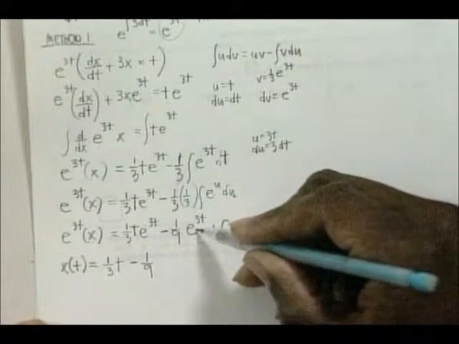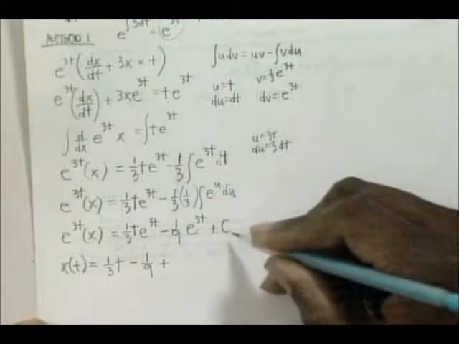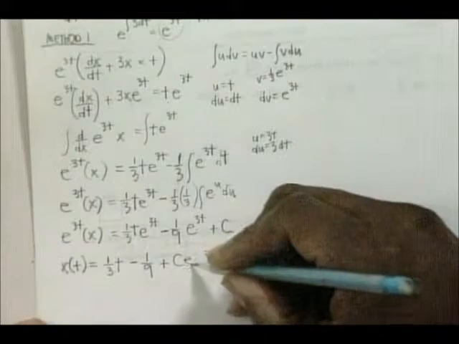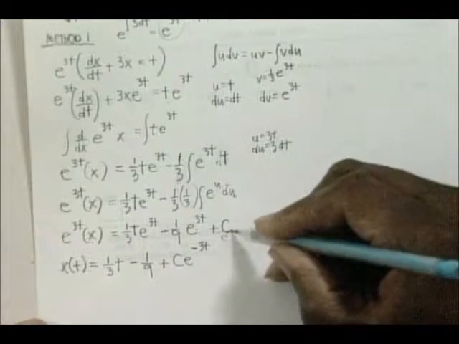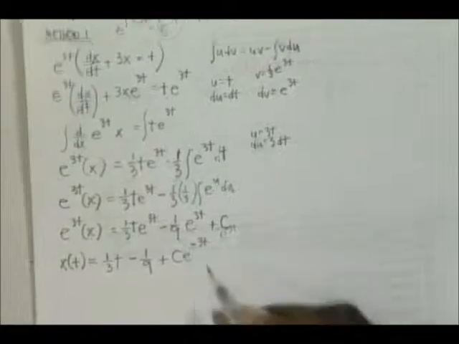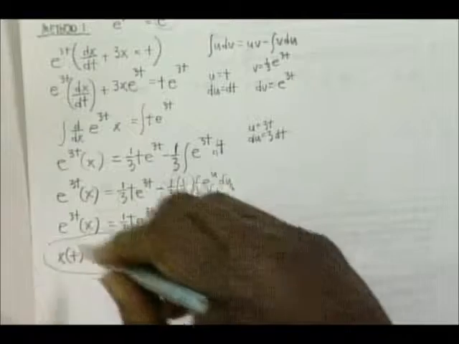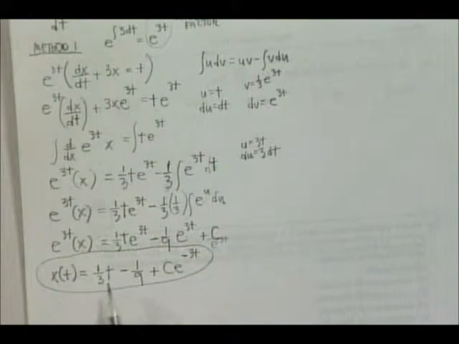We divide that by e to the 3t, that would cancel, plus, and we also have to divide this constant by e to the 3t. We'd end up with c e to the negative 3t, because if we divide by e to the 3t there, we'd move that e to the 3t up to the numerator, and that would make it negative. So the final answer to the solution would be x of t is equal to 1/3 t minus 1/9 plus c e to the negative 3t.